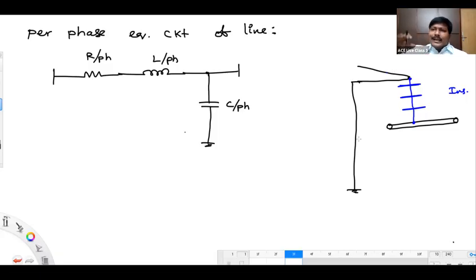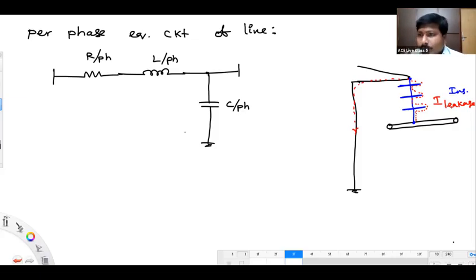But even though we keep a high level of insulation, definitely there will be some leakage current, passing from the conductor on the surface of the insulator to the tower and then diverted to ground. Something like this. A very minor amount of leakage current will be passing to ground from the conductor through the surface of the insulator body.